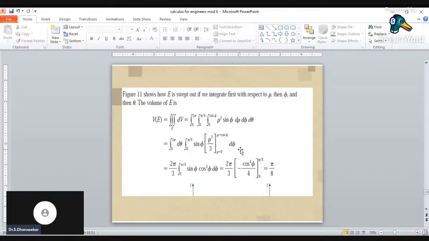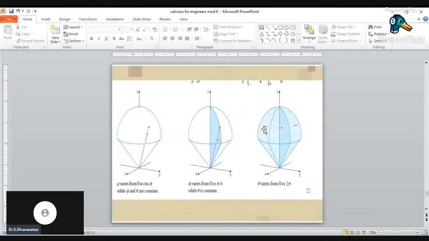Second, if it is dx dy, you have to draw a horizontal line to find the limit of the inner integral. If it is dy dx, you have to draw a vertical stripe to find the limit of the inner integral. When it goes to triple integrals, you proceed accordingly. So I think that's what I have for today.